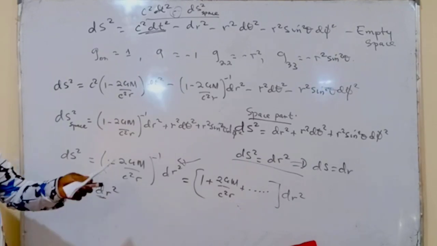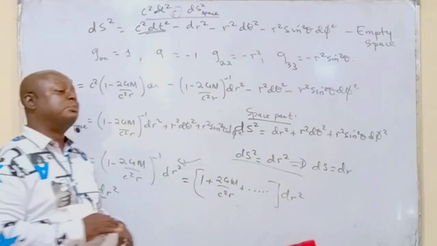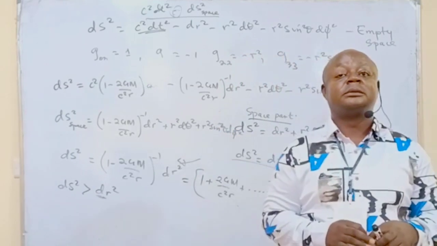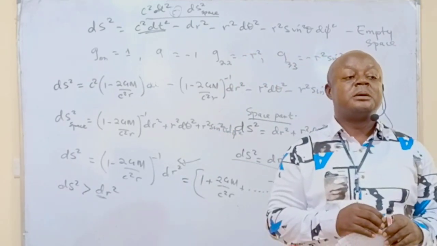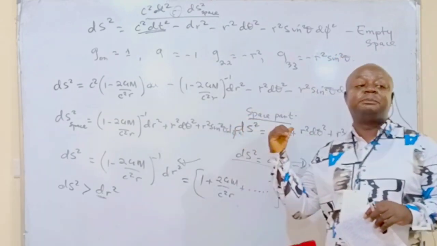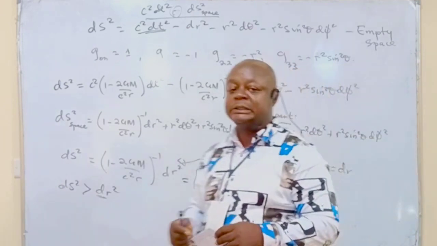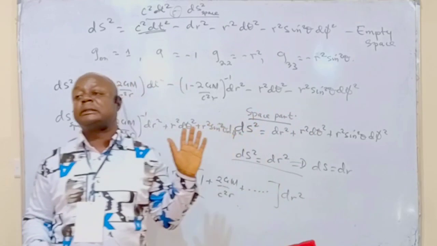So in a situation where an object is moving at a very high speed and is inside a gravitational field, there is length contraction due to speed, and we have length contraction due to the presence of a mass.